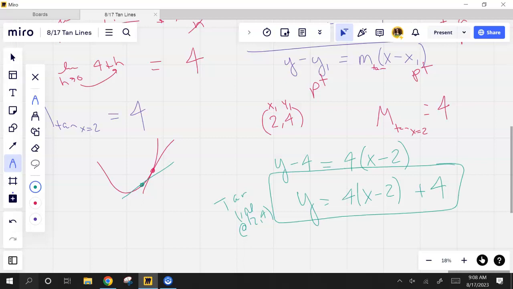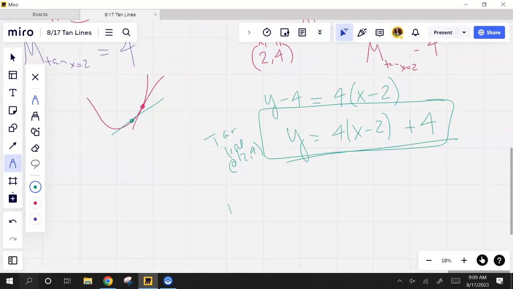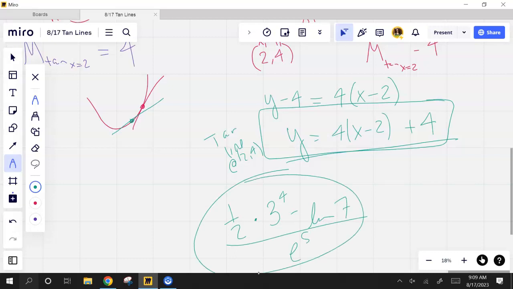If you leave it unsimplified, I would stop. The rule of thumb: if it's a specific answer, if you could type it into a scientific calculator and get an answer, you can leave it like that. So if I had something like 1/2 times 3 to the 4th minus the log of 7 over, I don't know, e to the 5th, it's acceptable to leave it that way.